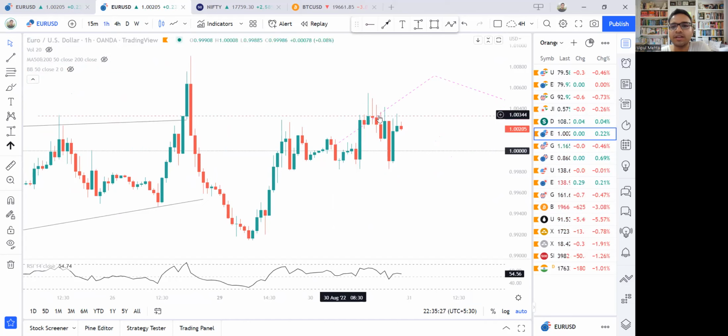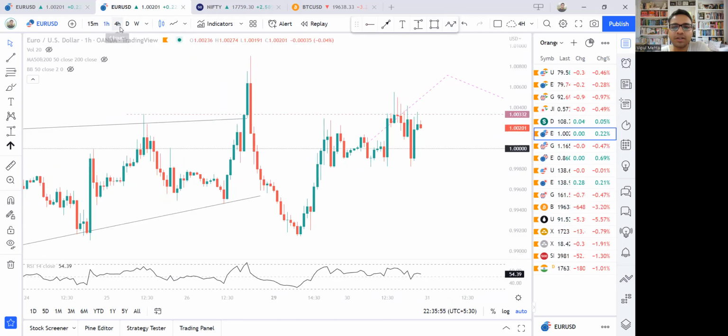Today, the whole day, we have been trying to breach this 1.003, and not even for a single hour have we closed above this level. Mind you, the more the bulls try to hit this, the weaker the selling becomes. And the weaker the selling becomes, the stronger will be the push when the price breaches this.